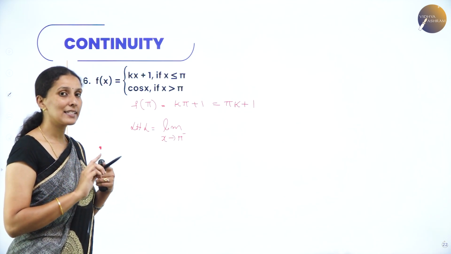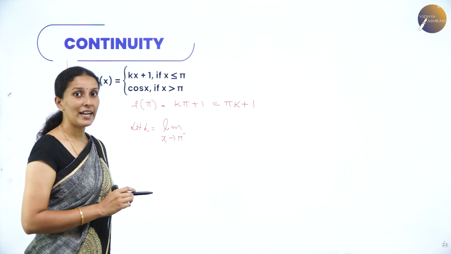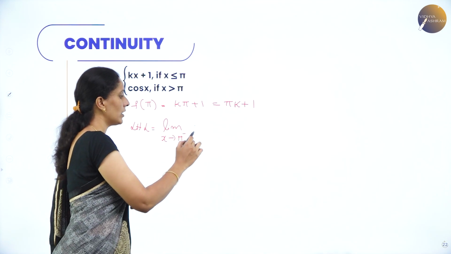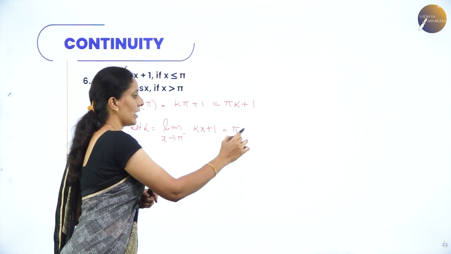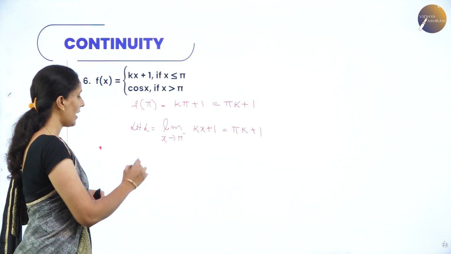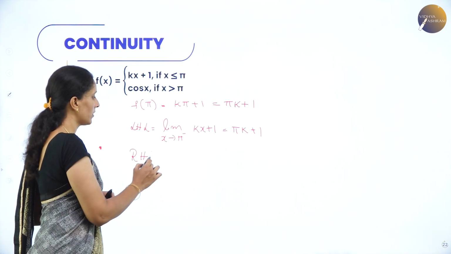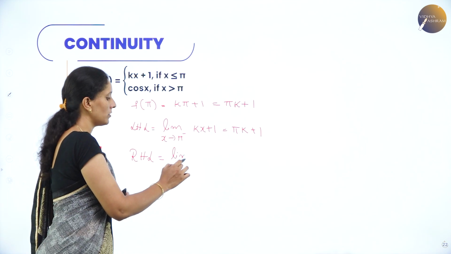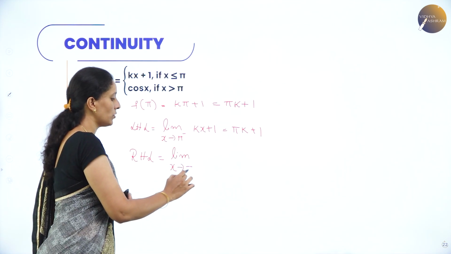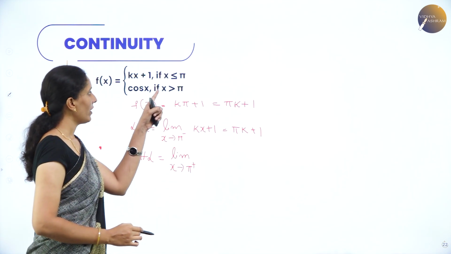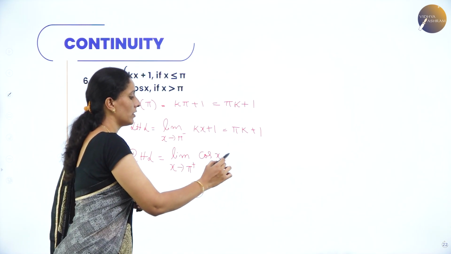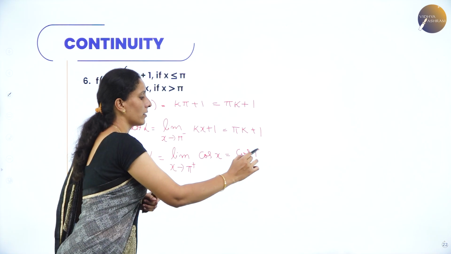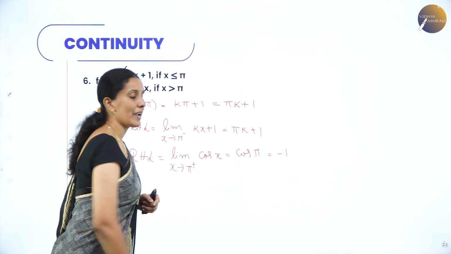Whenever x is less than pi, the function is defined as kx plus 1, which becomes pi k plus 1. Next we have the right hand limit, that is limit of the function as x tends to pi plus. Whenever x is greater than pi, it is cos x, which is cos pi. So cos pi value is minus 1.